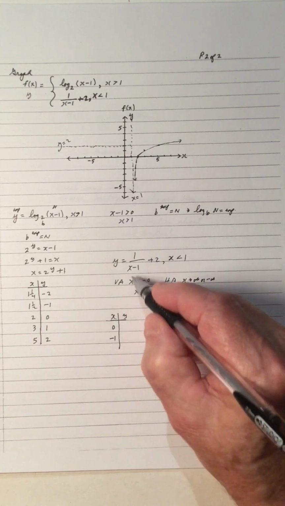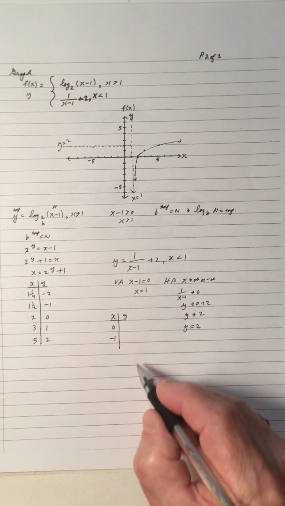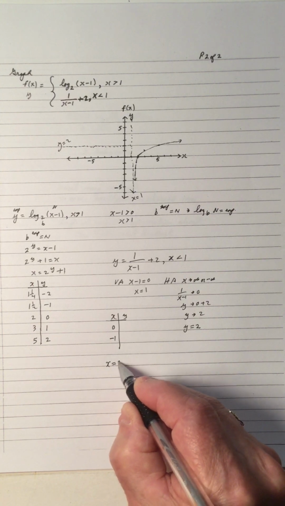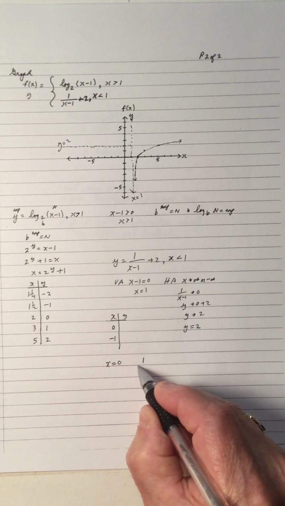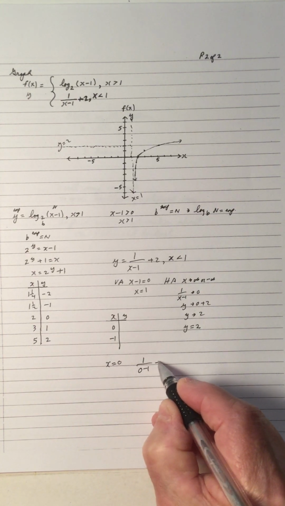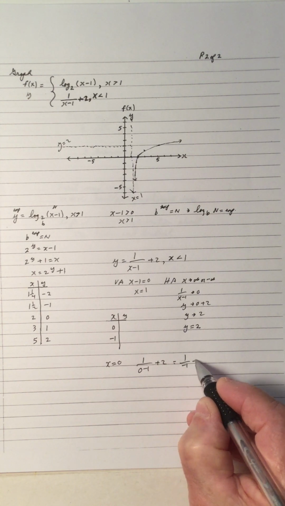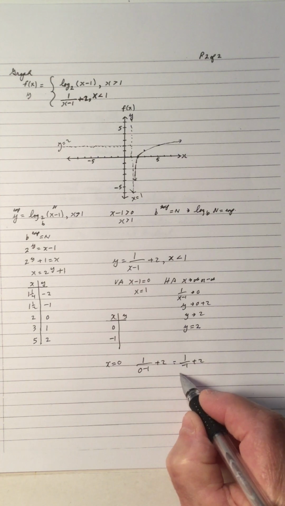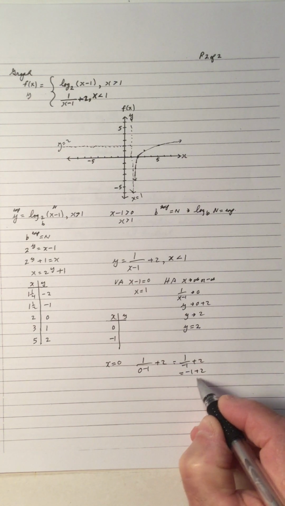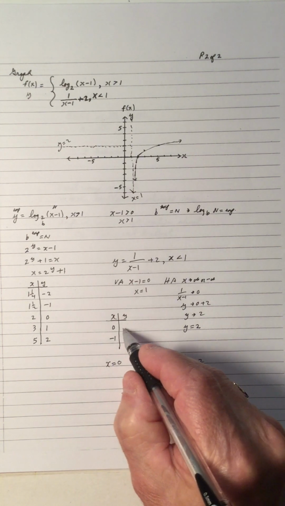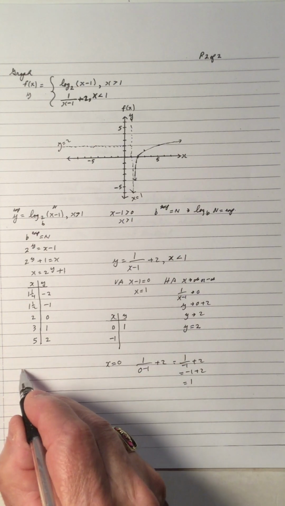So let's put 0 in this equation. If x equals 0, we have 1 over 0 minus 1, plus 2. That means it's 1 over negative 1, plus 2. So that makes it negative 1 plus 2. So that's 1. So when x is 0, y is 1.